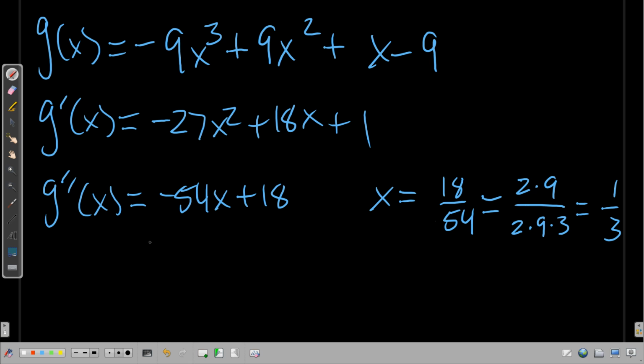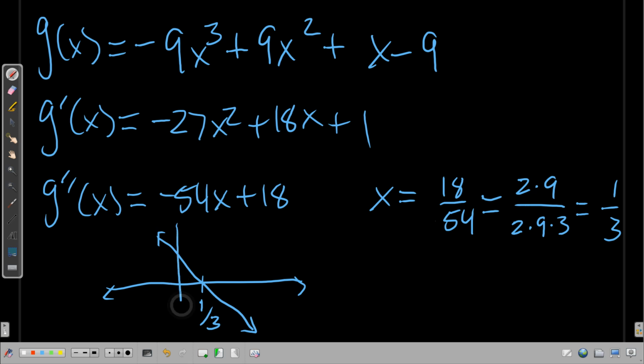Okay, then here at 1/3, I know that this line must change from being positive to negative at 1/3 because it has a negative slope, so it's going down like that.